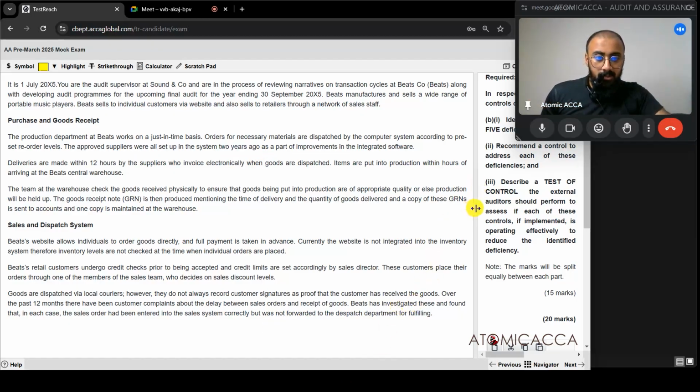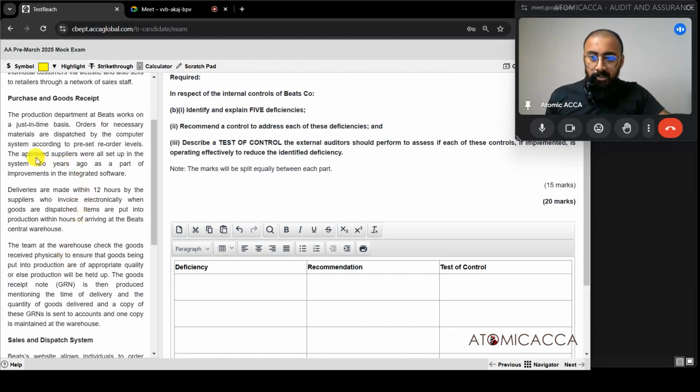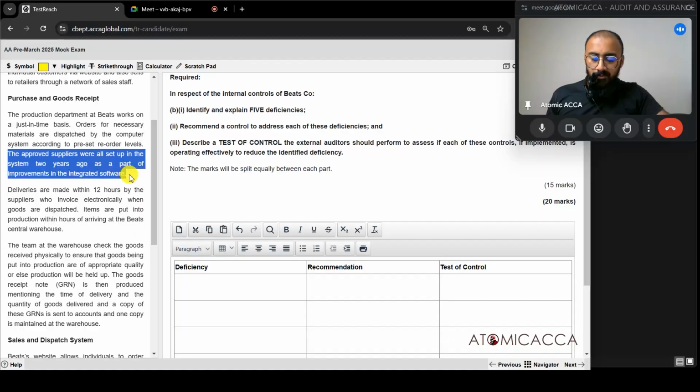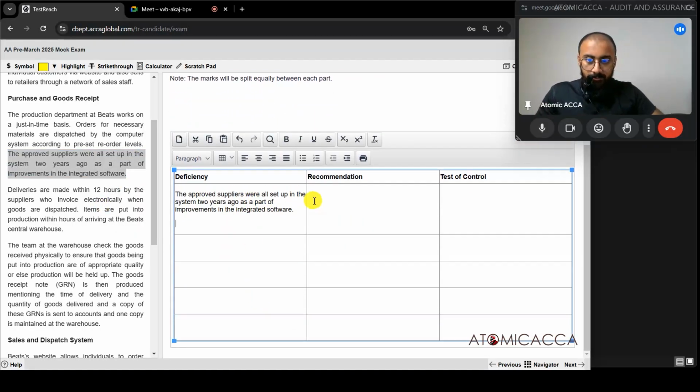Let's frame the answer. First deficiency is approved suppliers were all set up in the system 2 years ago as part of this one. Okay, we'll just copy paste it. No need to do a lot of rephrasing.